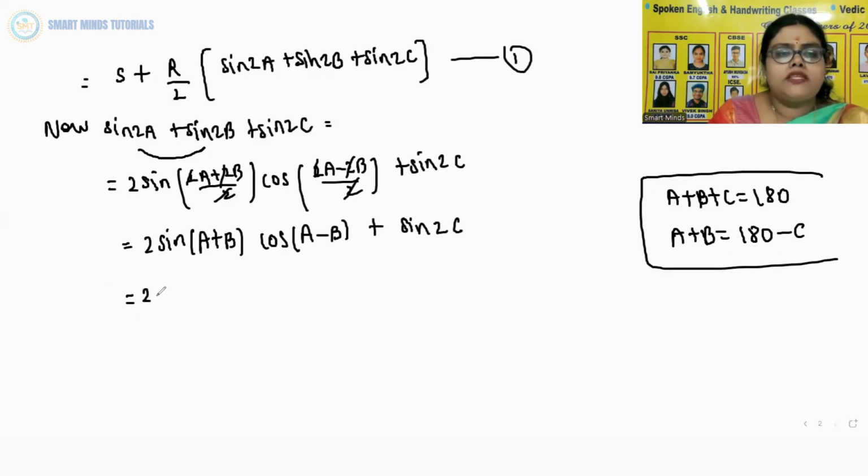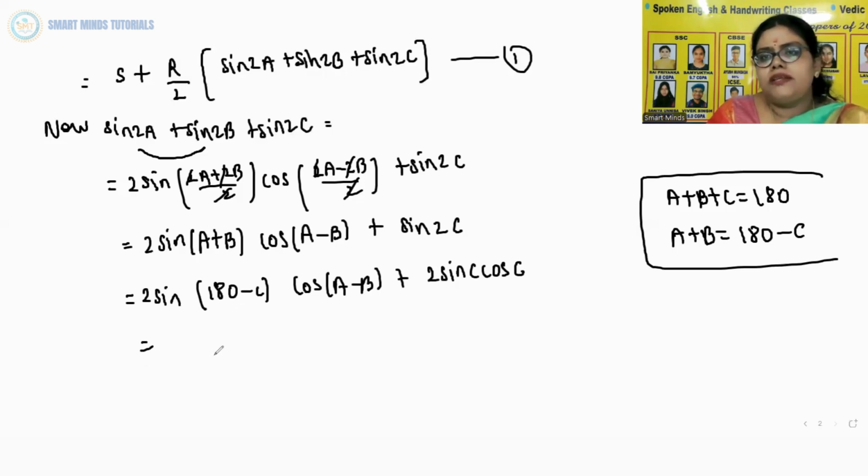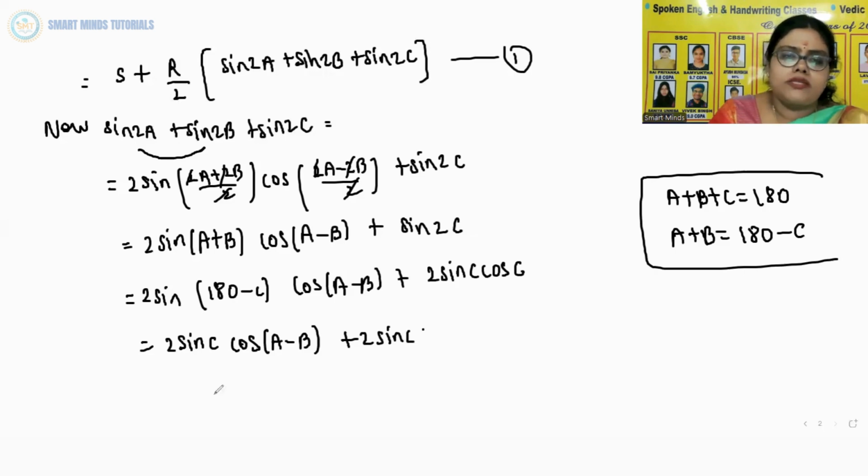Now here in the place of A plus B, we are writing 180 minus C. Now cos (A minus B) as it is, and then in the place of sin 2C, we are applying the formula 2 sin C cos C. Now sin (180 minus theta) is sin theta because 180 minus theta lies in the second quadrant. So in the second quadrant, sine is positive. So this is 2 sin C cos (A minus B) plus 2 sin C cos C.